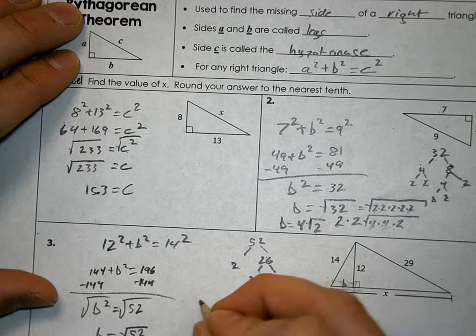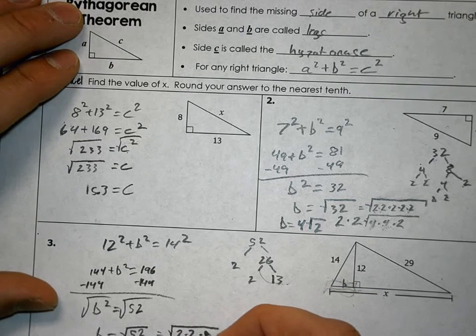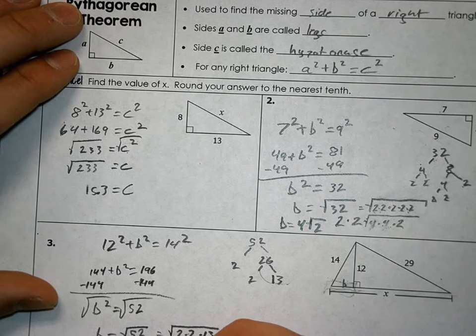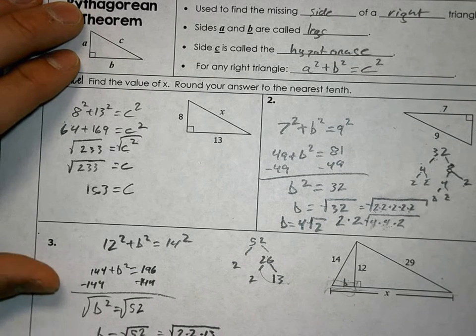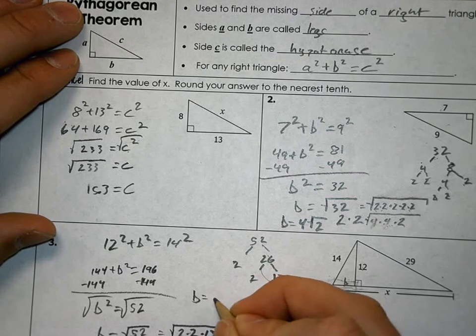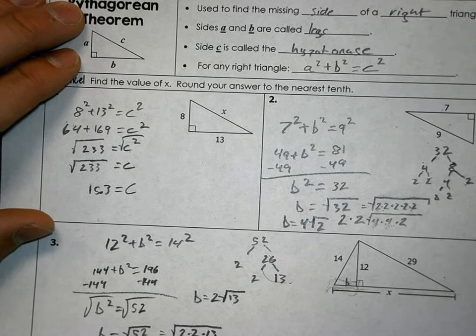Got a 2 and a 2. So this equals the square root of 2 times 2 times 13. 2 times 2 is 4. So the square root of 4 times 13. The square root of 4 is 2, so I can move that to the outside. So my final answer, b equals 2 root 13.